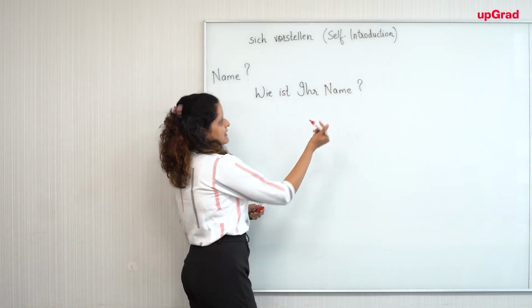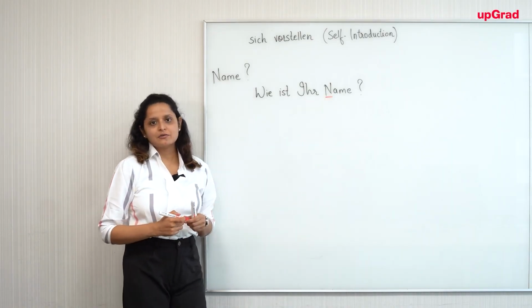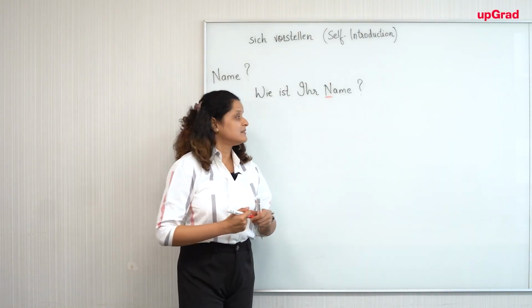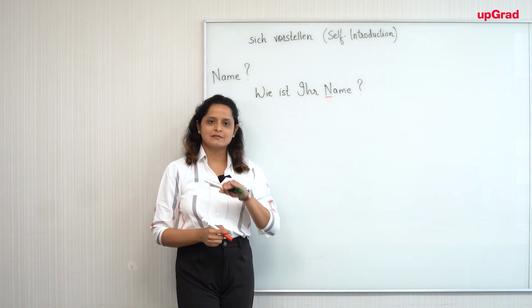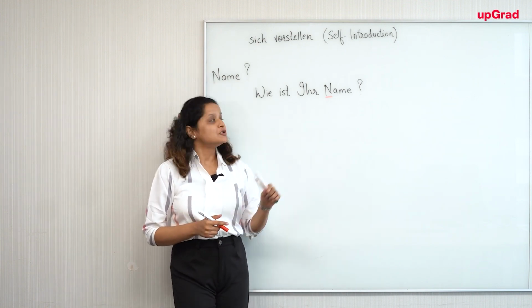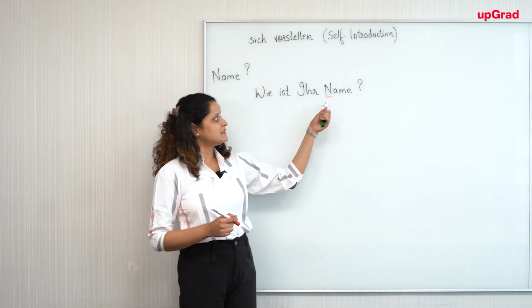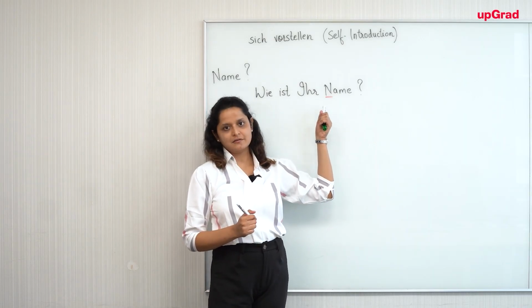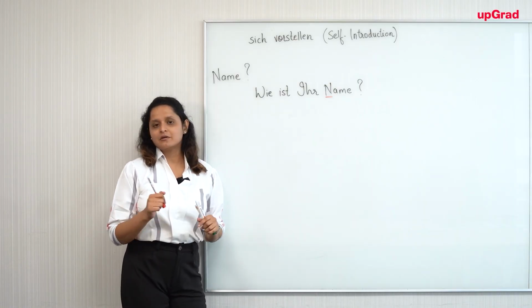If you notice, I have written this N in capital. Another thing you need to know about German nouns is that the first letter of every noun in German is always written in capitals. So we do not write the name in small letters. The first letter will stay capital regardless of where it comes in a statement or in a question.